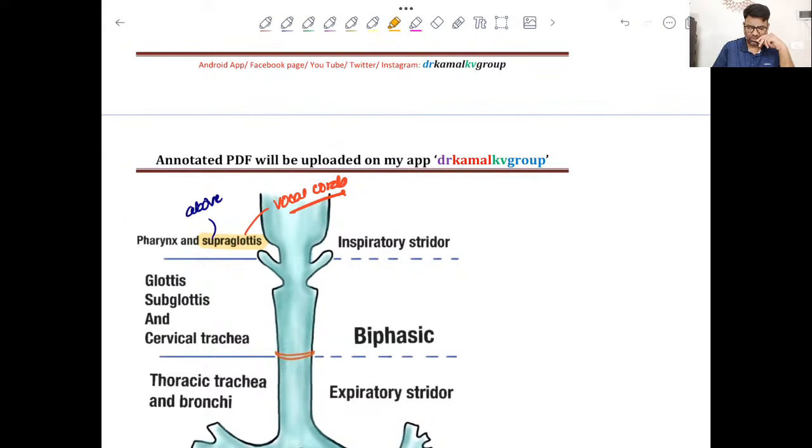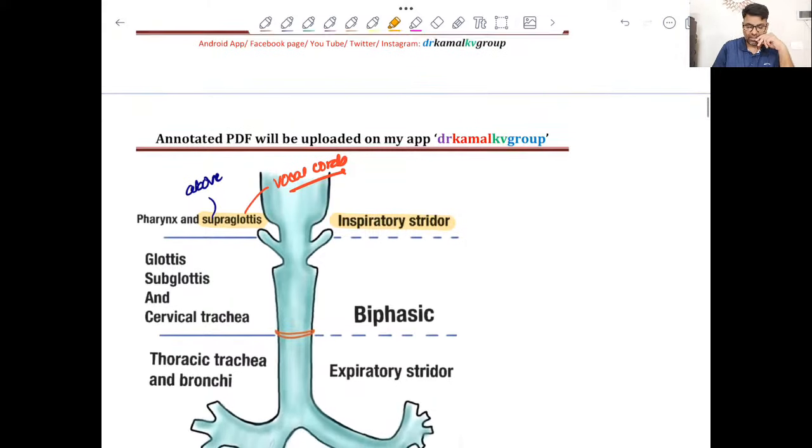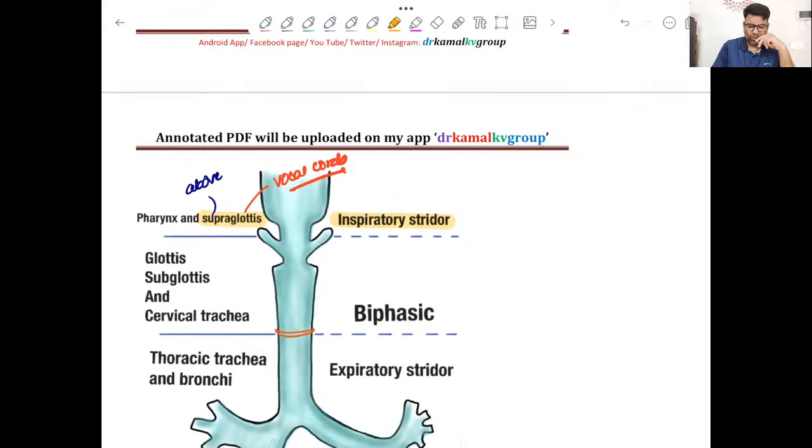So supraglottis or pharyngeal, that is inspiratory stridor. If you go down, it will be biphasic. So biphasic, as I told you, is in both the phases of respiration, inspiration as well as expiration, and this will be seen in vocal cords, below vocal cords, and only the cervical portion of trachea.